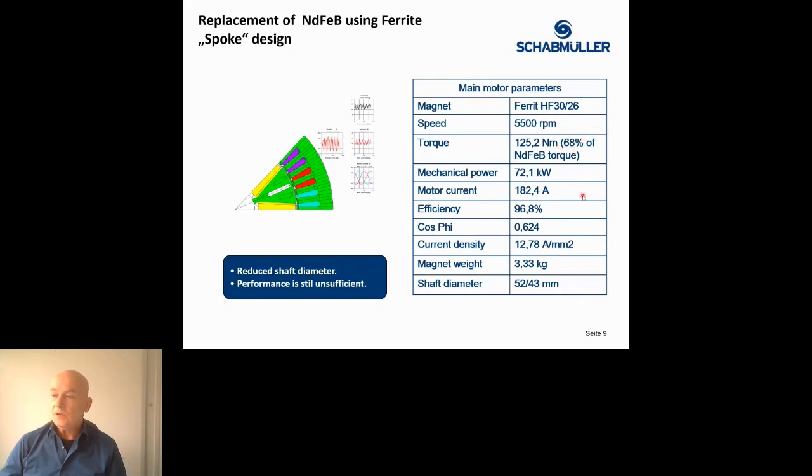Again, at the same current, at the same current density in the windings, but at larger magnet weight, of course. And we had to reduce the shaft diameter. So a little bit of improvement compared to the situation before.